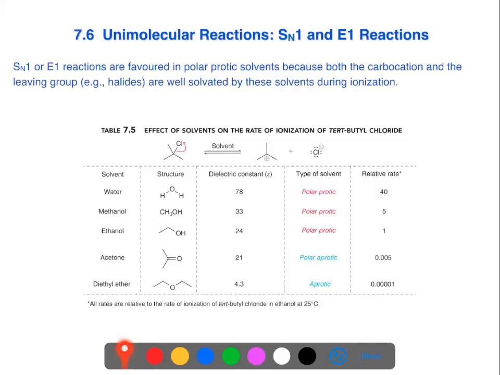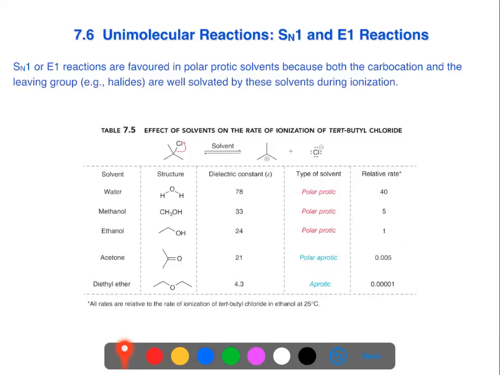And so solvents such as water and the alcohols, which again have that hydrogen bond donating capability, are able to stabilize those particular ionic species quite well. What we typically observe in terms of the rate of a reaction, how quickly a reaction is going to occur, in this particular example which we just looked at, is that the first step in the mechanism, the loss of leaving group, is 40 times greater in the presence of water than it is in the presence of ethanol.